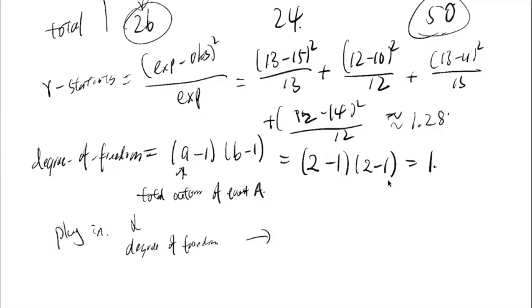If you plug into the online applet, you will get the p-value, which is equal to 0.2579.